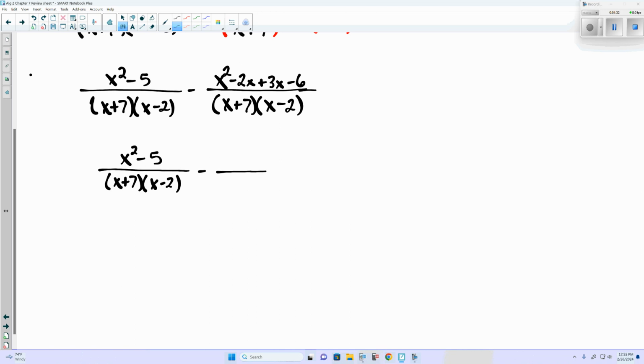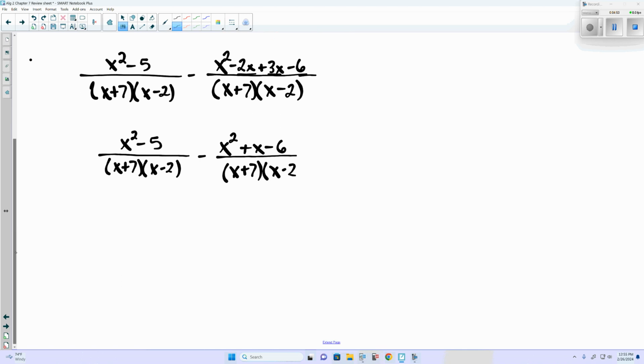Now the one on the left stays the same. It's x squared minus 5 over x plus 7 times x minus 2. The numerator on the right, we do have some like terms we'll need to combine. Our negative 2x plus 3x would be plus x minus 6. Questions on how we got to this point here?